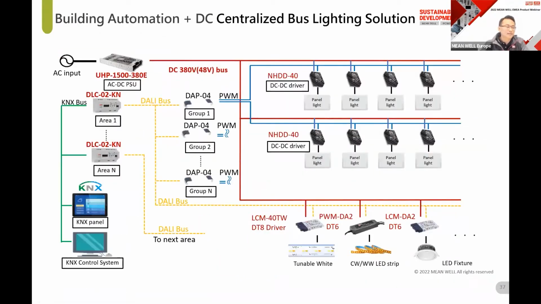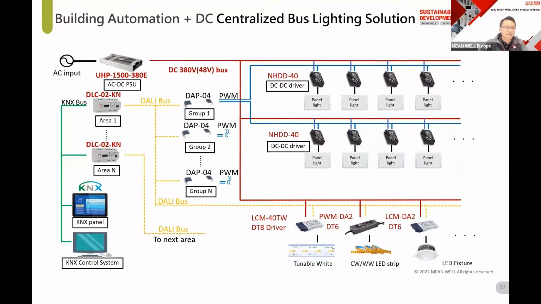If we expand the configuration, DLC can combine with the DC centralized bus concept to make the solution as this picture shows. The main bus is 380 volts, which is supplied from the UHP 1500. The NHDD takes power from the bus to power the luminaire.